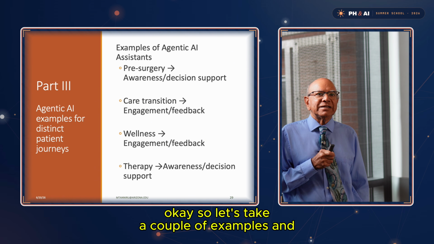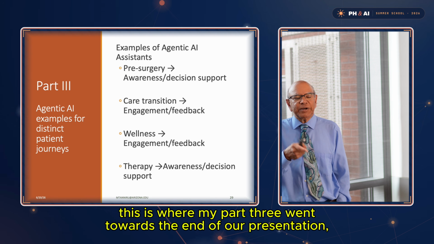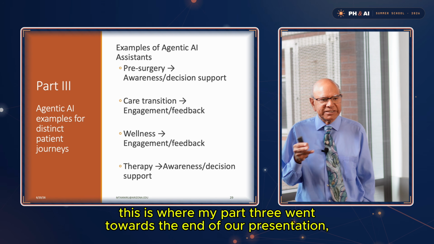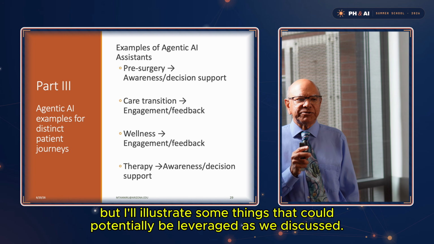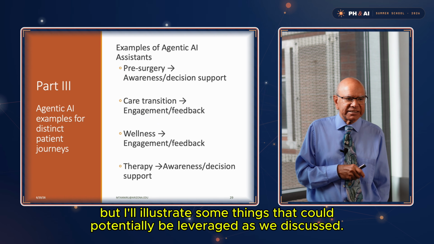Okay, so let's take a couple of examples. And this is where my part 3 ends, towards the end of our presentation. But I'll illustrate some things that could potentially be leveraged as we discussed.